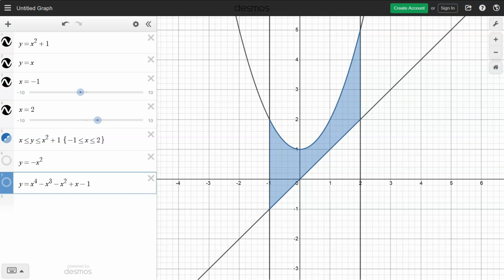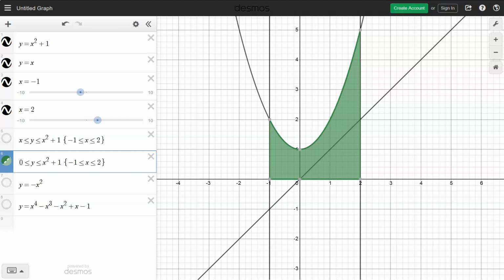Now notice, if we were just looking at x squared plus 1, we'd just get the area that's underneath the graph there. So this is the area that we would get if we were integrating x squared plus 1 between negative 1 and 2. But what we want to find now is the area between the two graphs. So we want to find this area.